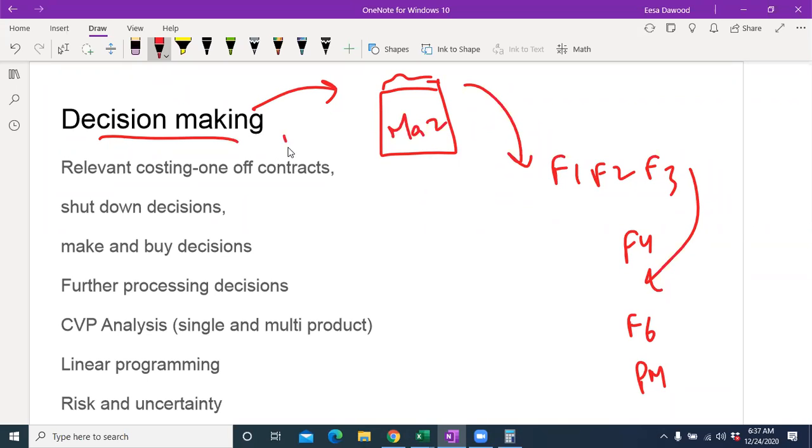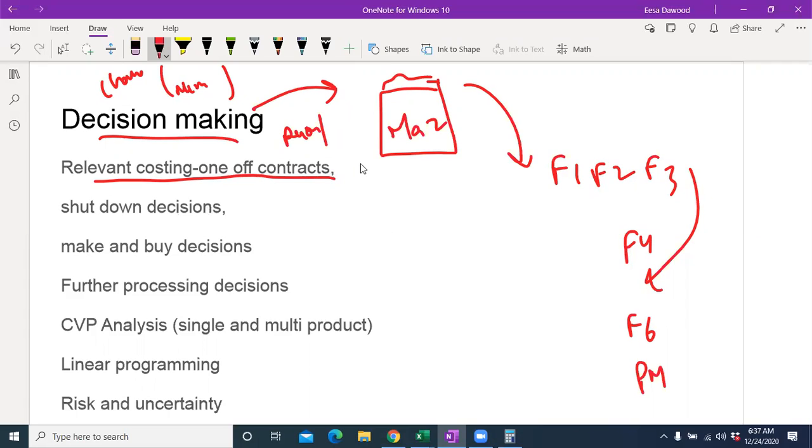So if you don't have prior knowledge, that's why my MA2 videos are there. It will give you a good head start for the decision making area, because it is a very challenging area, numerical based and also theory based. So you need to do a lot of practice and need to have a lot of conceptual understanding. Prior MA2 you need to cover, and then you need to come to the level of PM. Okay. So this is the area in which students struggle a lot, and it has a long list of topics like relevant costing, one-off contracts.